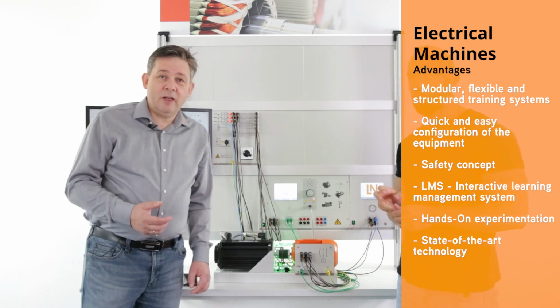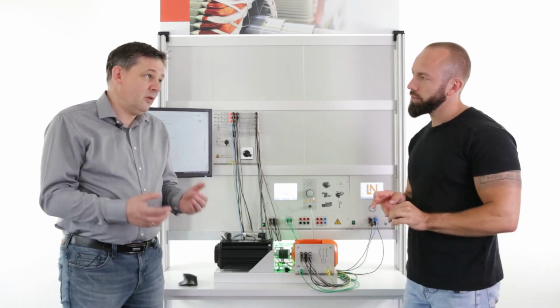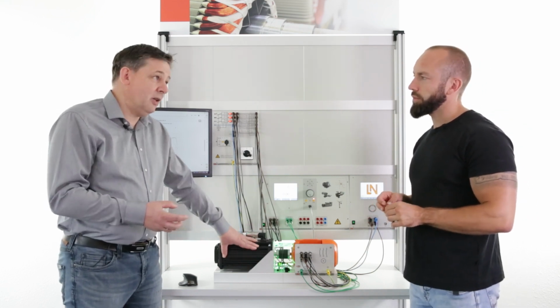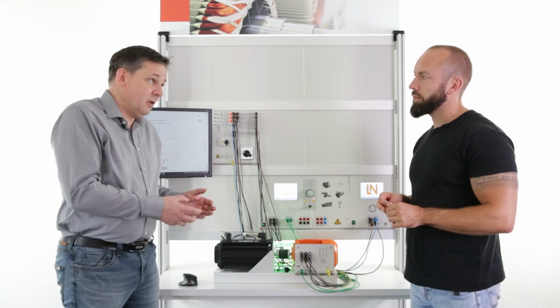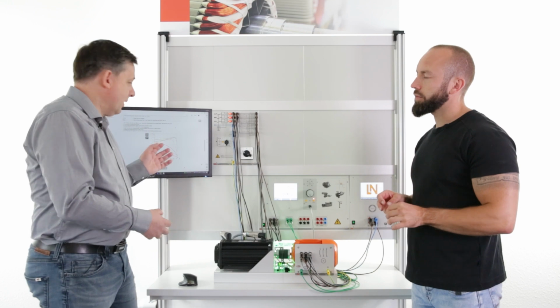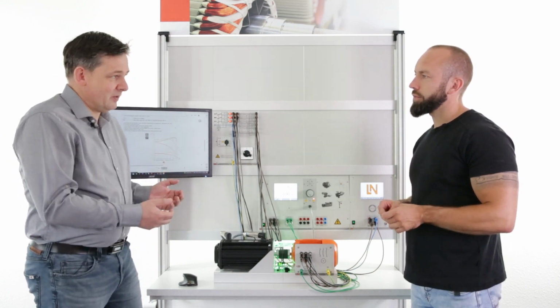So my main advantage of the training system is that we have the possibility to bring industrial behavior to the laboratory. That means the black unit behaves like the machine you can imagine in the industrial environment. And then you have the ActiveServo software to see the behavior and you understand what happens inside the machine.